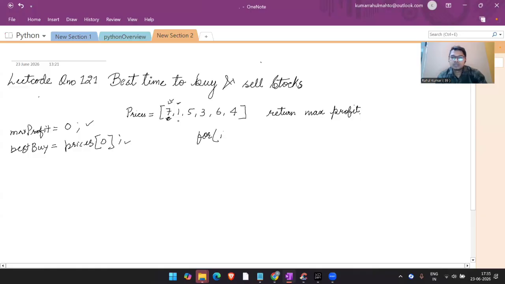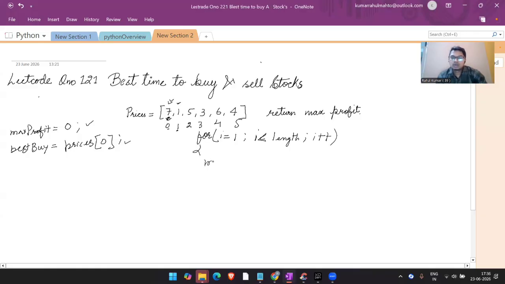This is the 0th index, then first, 2, 3, 4, 5. So I will iterate from index number 1, till less than the length of the array, and it will keep incrementing.